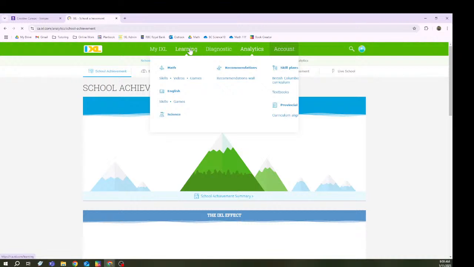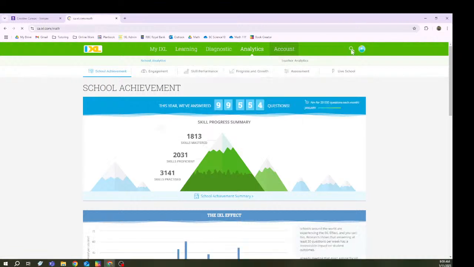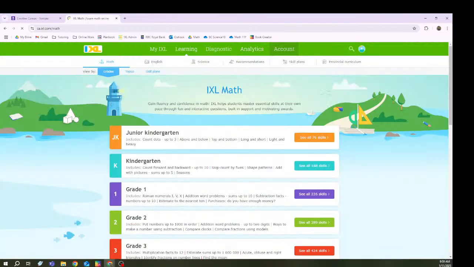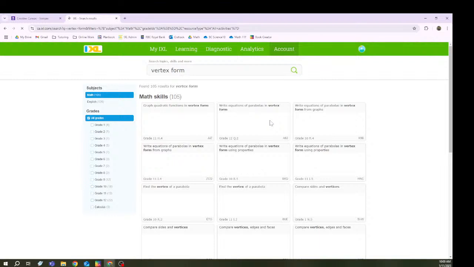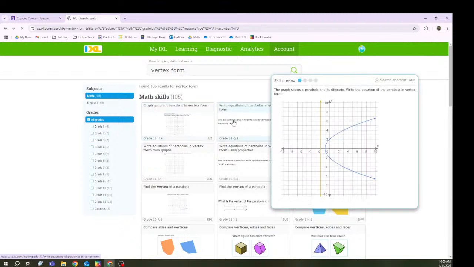Okay, let's go here. Learning. I'm just going to search. That's probably faster, I would think. Vertex Form. Graph quadratics in Vertex Form. Okay, that's graphing. You started with writing equations, though.